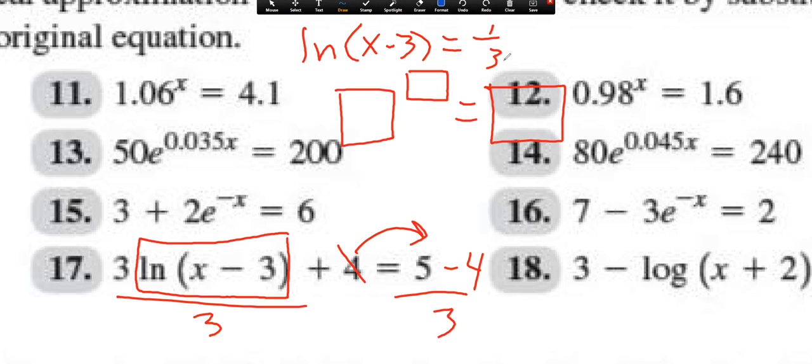Set it up like that, and this should go quick. Try it, see what you get, and see if you can plug it back in and make it work in the original equation.